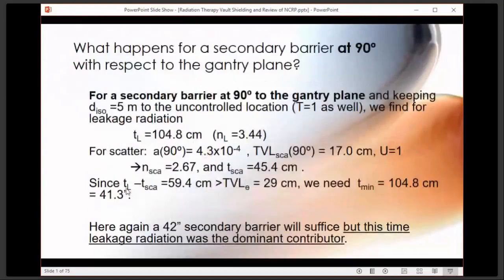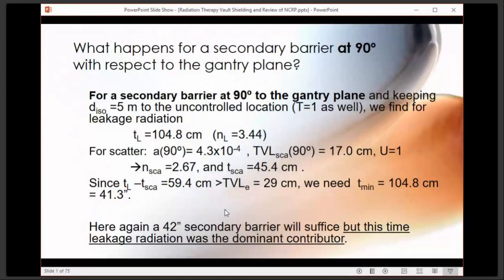So the difference between our two thicknesses is 59 centimeters, which is greater than 1 TVL. So we really only need to use the larger thickness, 104.8 centimeters, and that's it, no additional. So again, we would round this up to 42 inches of normal density concrete.